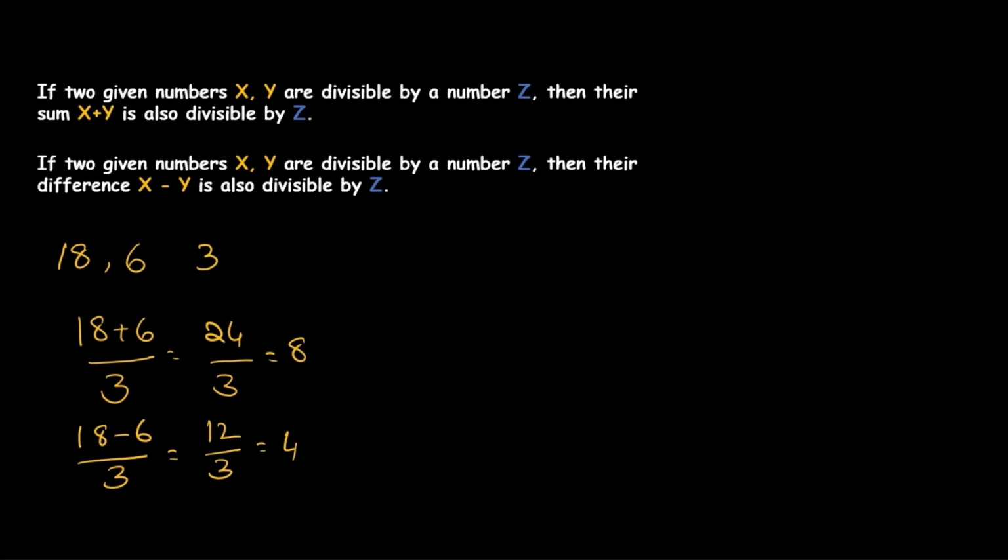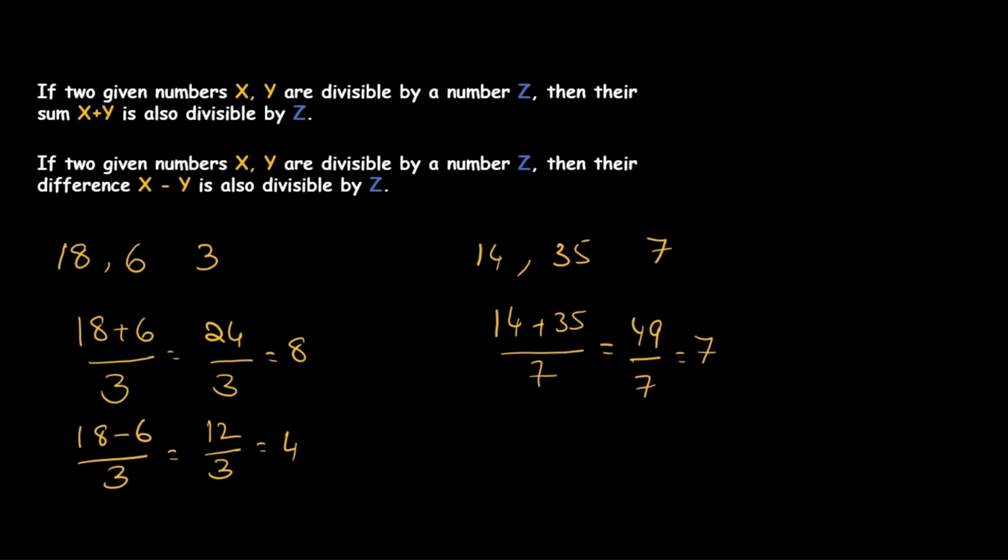Similarly, let's take another example, say 14 and 35. 7 can divide both 14 and 35. Now let's see 14 plus 35. Is it also divisible by 7? 14 plus 35 is 49, and 49 indeed can be divided by 7.